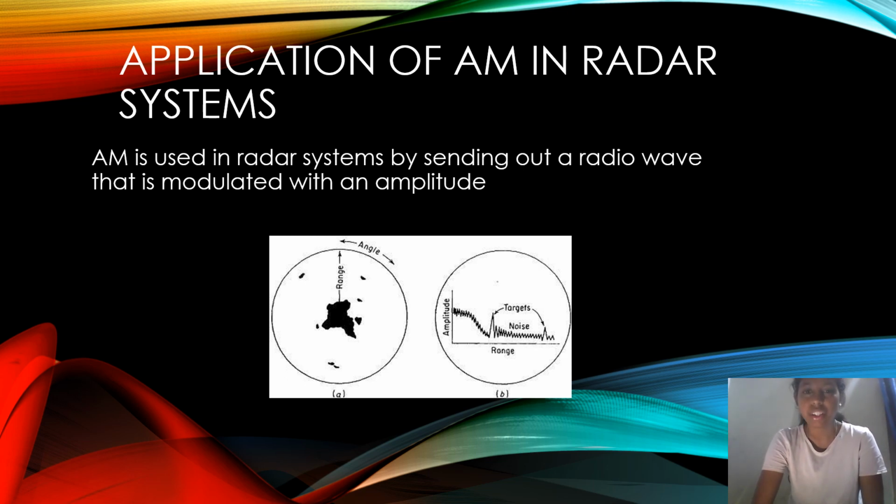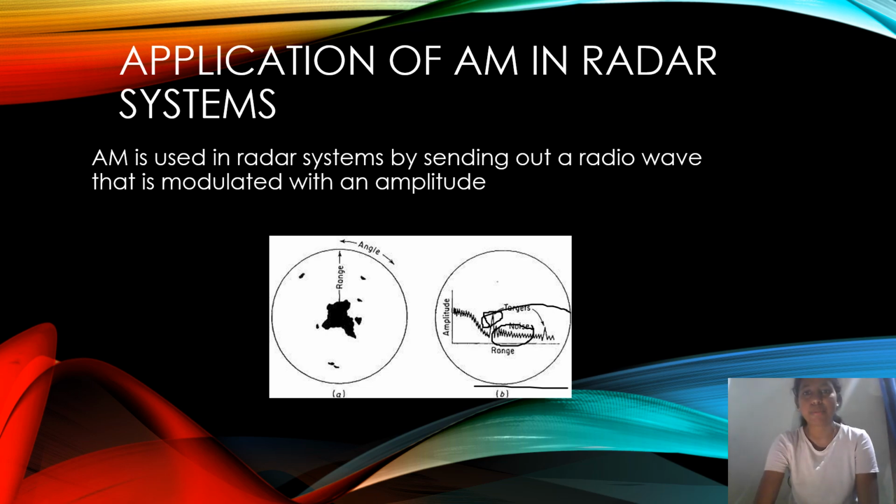Here in this second picture, we can see the graph plotted as range versus amplitude, and here we have some noise too, and even we have two targets.